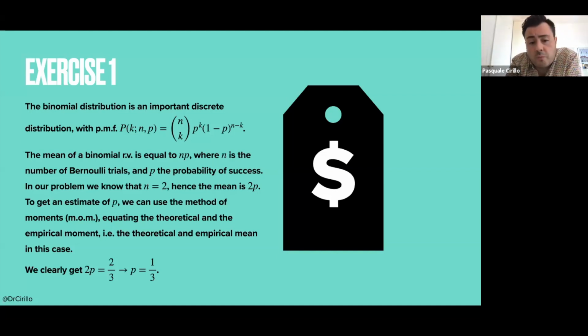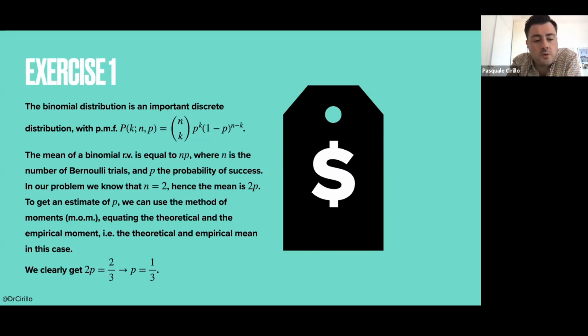So in the method of moments, what do we do? We just equate the theoretical moments of our distribution, that for us is 2 times p, with the sample moment that we have computed. So the theoretical mean for us is 2p. The sample mean, as we have computed on the previous slide, is 2 over 3.